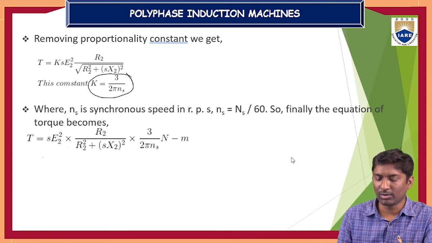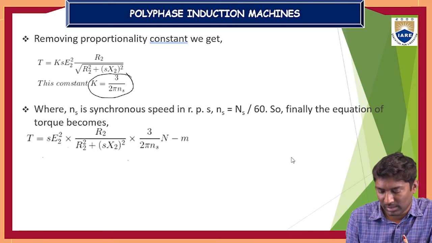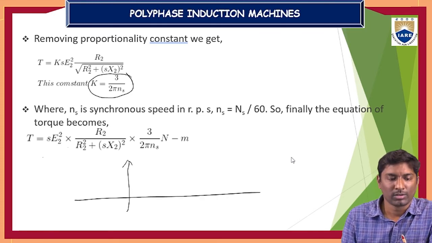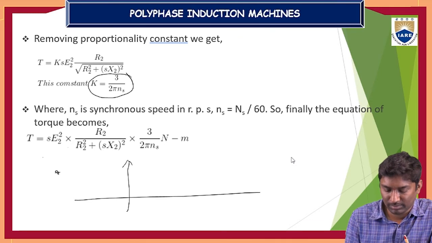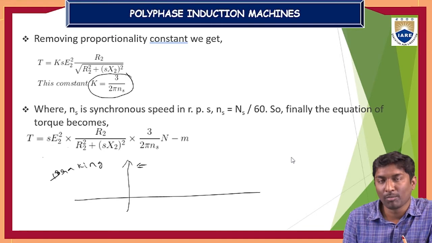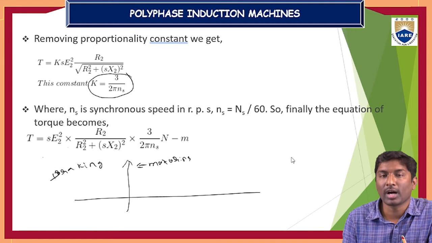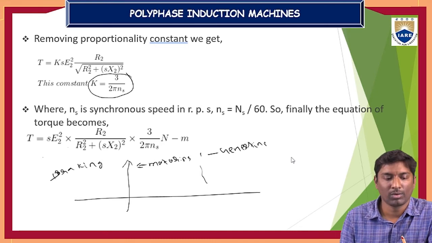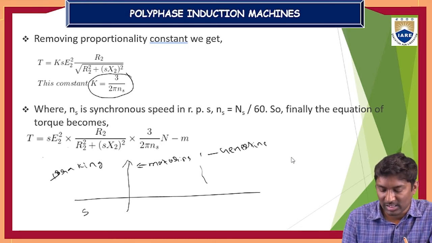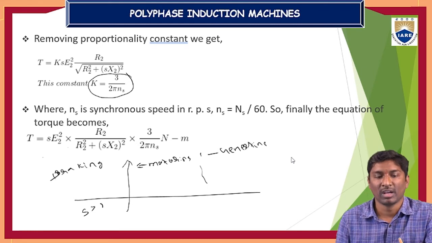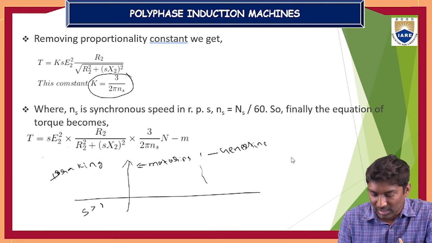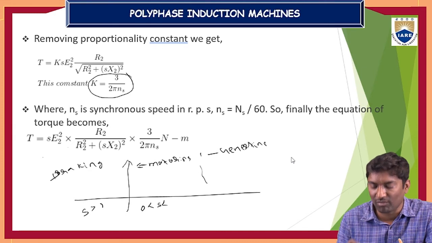According to the slip equation, this region is the braking action, this is the motoring action, and this is the generating action. At braking action, slip is greater than 1. At motoring action, slip is between 0 and 1.